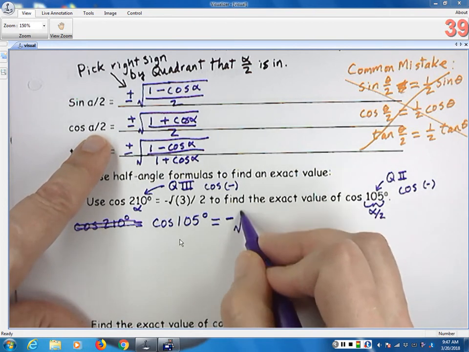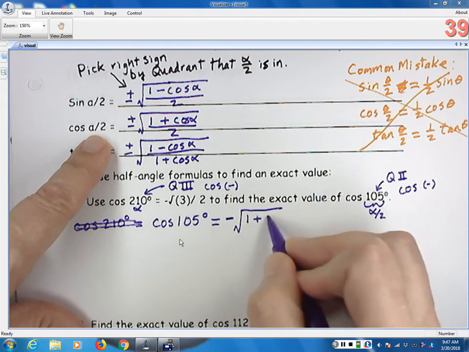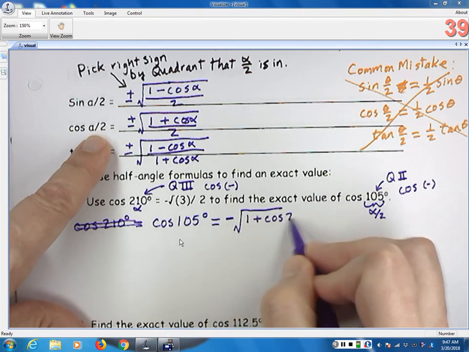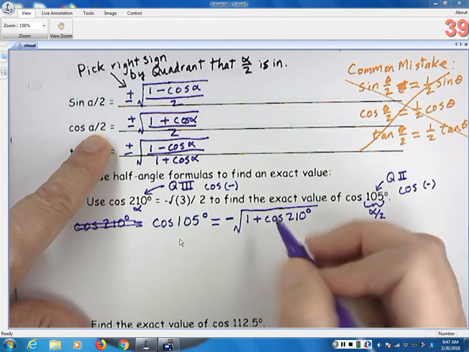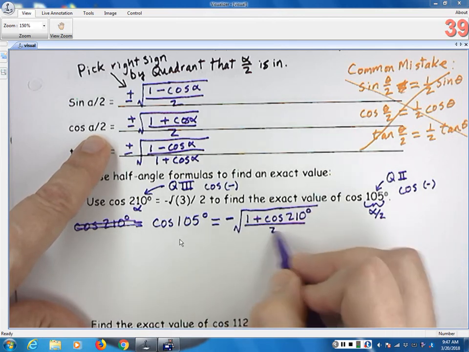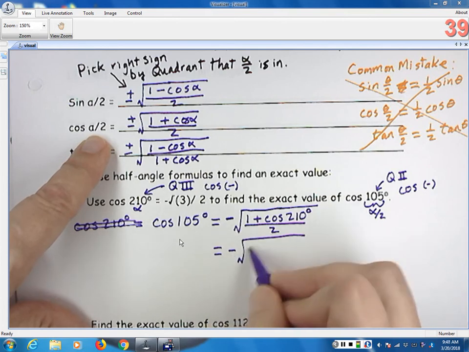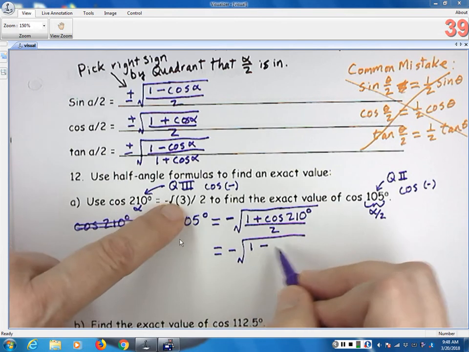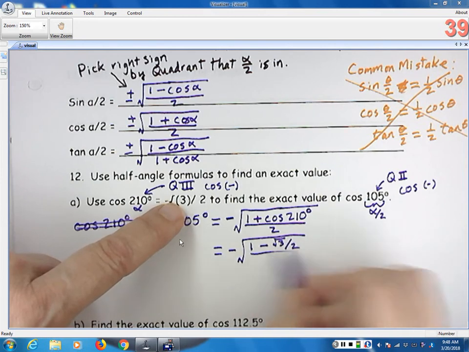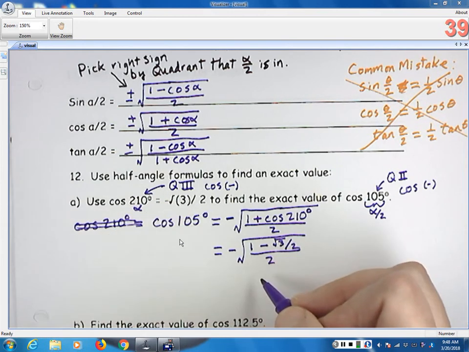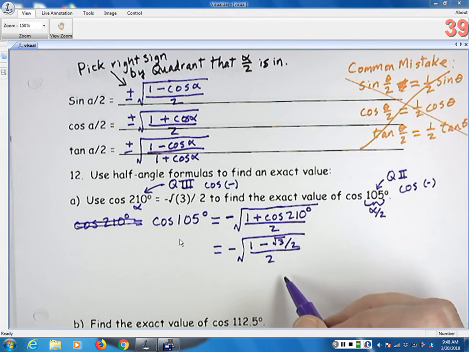Minus the square root of 1 plus cosine of 210 divided by 2. Square root of 1 minus, and they gave it to us, square root of 3 over 2, divided by 2. Now we got to simplify this. We have a fraction within a fraction inside the square root.